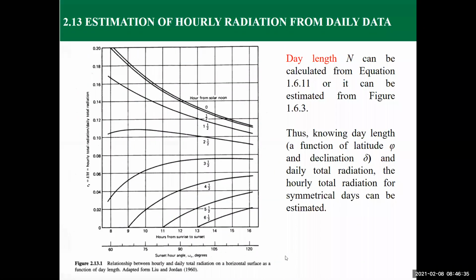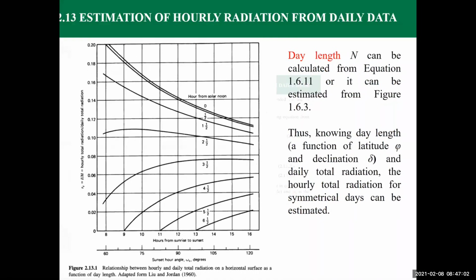We have calculated the value of the day duration, or the length of the day, which is capital N. Then we move vertically up until it hits the 3.5 curve here, and then moving to the left, you can estimate the value as it has been obtained here as 0.078.